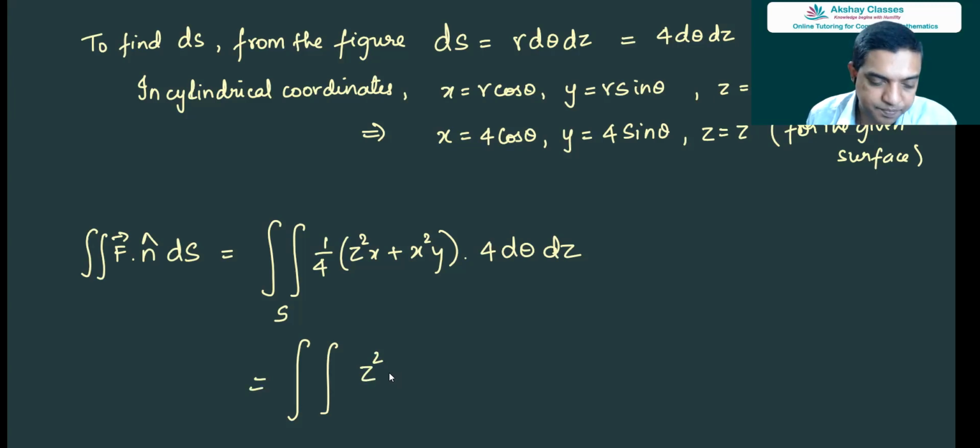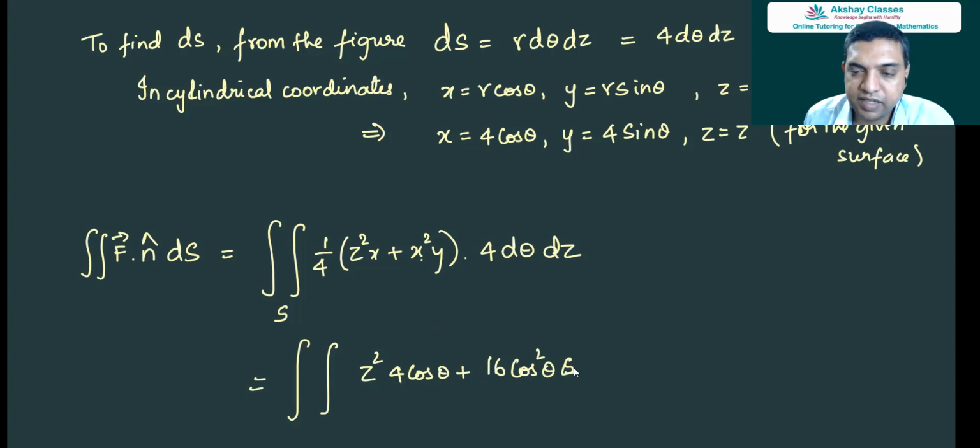You have x as 4 cos theta plus x square is 16 cos square theta times y, which is 4 sin theta, into d theta dz.